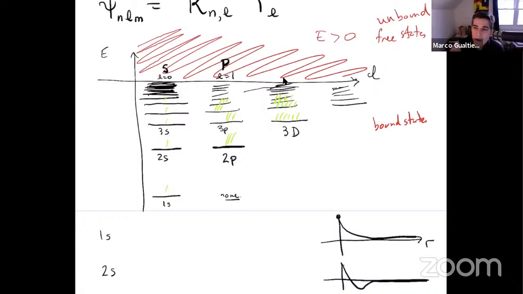Okay, so I'm going to say something which is going to turn out to be false, but I'll correct it later. It's just because I don't want to confuse the idea. The basic idea is correct, which is that you could imagine that the electron is in one of these states, and that it decays to a lower energy state. You could imagine that it goes down to this state.